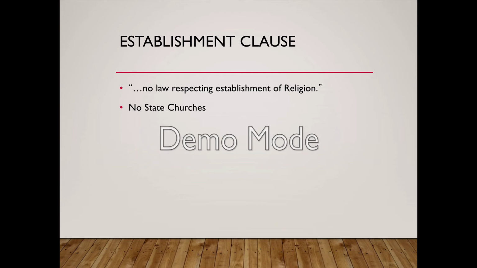Now, the Establishment Clause also says no state support of churches. This is another complicated one because we've had to push forward to talk about what constitutes support of a church or a religious body.